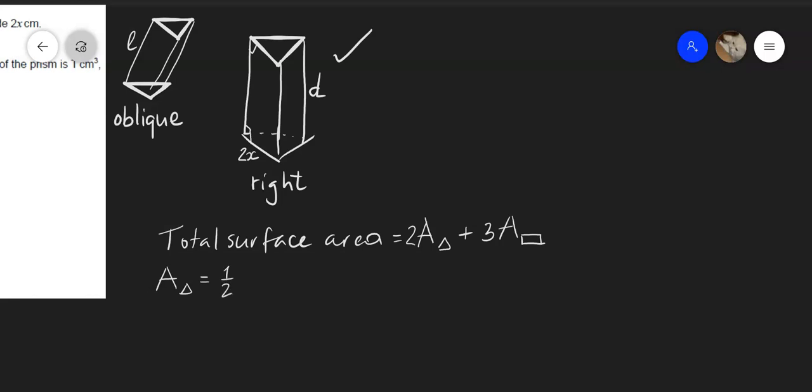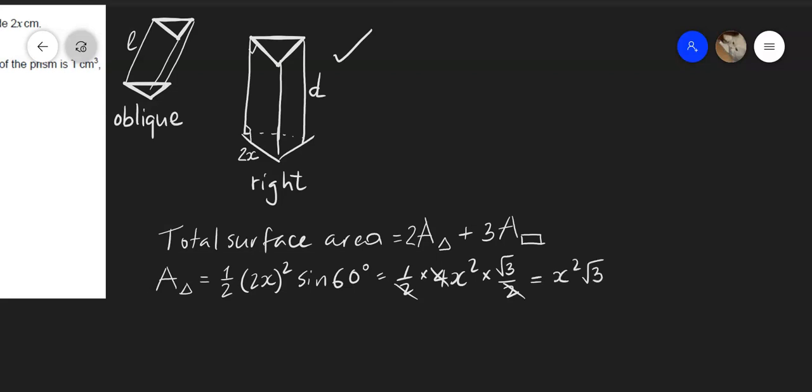That's half times 2x squared times sine of 60 degrees. That gives me half times 4x squared times root 3 over 2. So the 4 and the 2's will cancel out and we get x squared root 3.